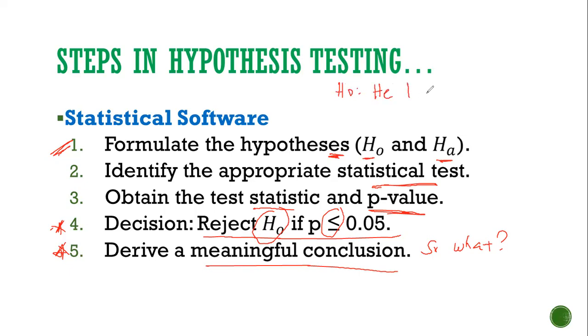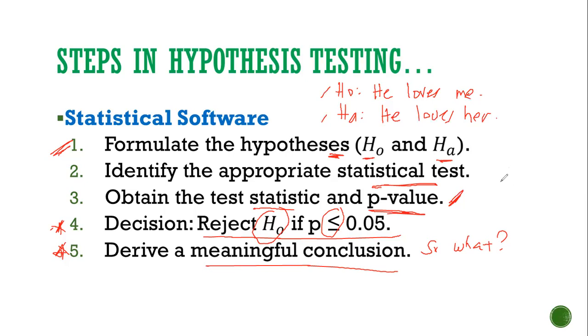Okay? So kunyari, positive daw to. So, he loves me. H not. Siyempre, negative. He loves her. Example lang to ha. So, kunyari, you already have your null and then your alternative. You had undergone the statistical test and you have computed a p-value.